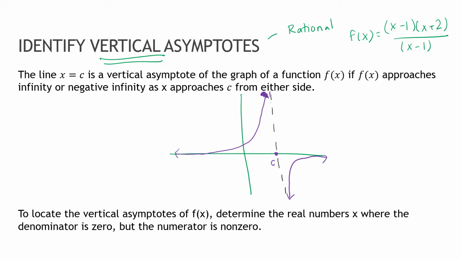And again, this C value, let's call it 3, would be that I now have a vertical asymptote on the line x equals 3. So because I'm using a line, just like an axis of symmetry, what I'm looking for is to determine the real numbers where the denominator is 0, but the numerator is non-zero. So let's take a look at what I mean by that on the next slide.